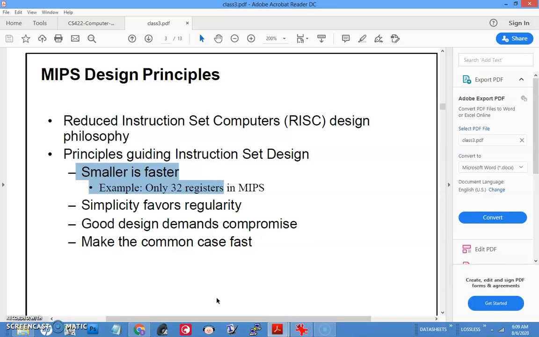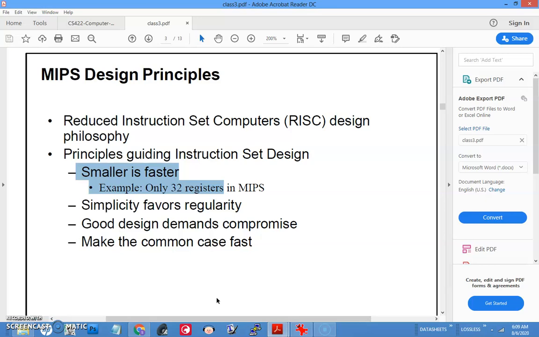Second one is, how about increasing the number of registers instead of 32 and living with all the difficulties of the 32 limited registers? Why can't we make it 40 or 50? What's the price that we are going to pay? If you look at the instruction format, there are fields RS, RT, RD which specify the number of the register.